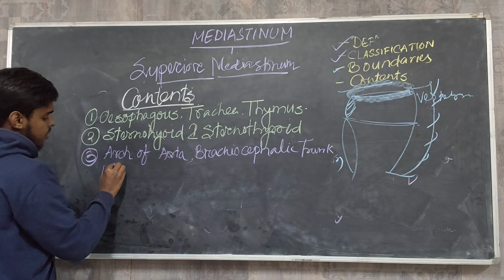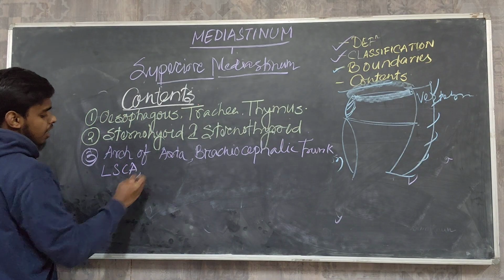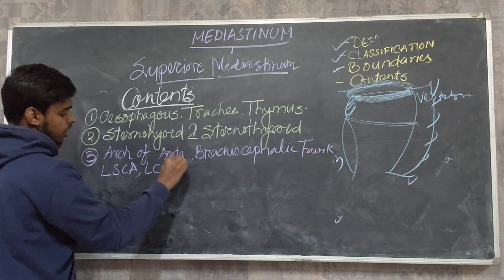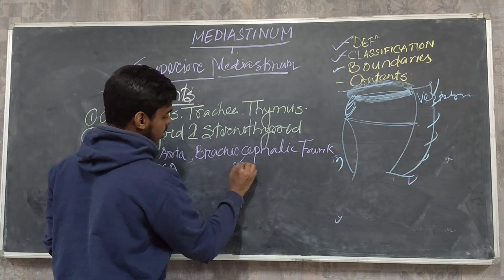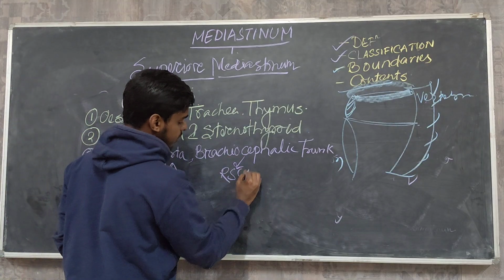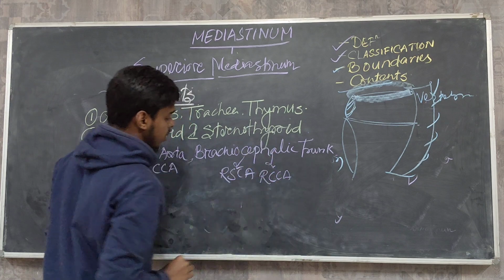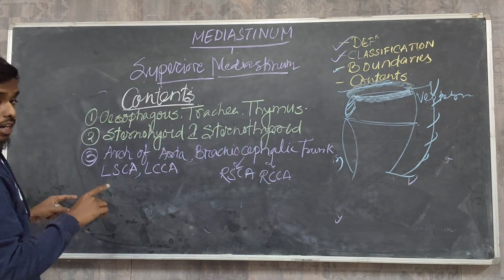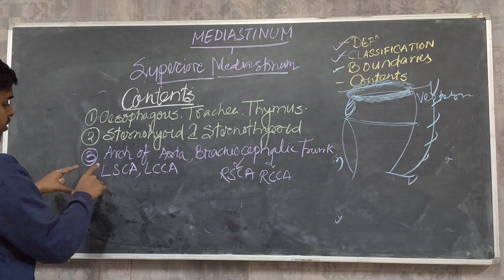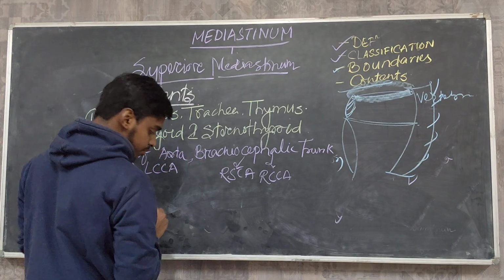Then the left subclavian artery and left common carotid artery, and the branches of brachiocephalic trunk, the right subclavian artery and right common carotid artery. So these are the arteries which pass through the superior mediastinum.